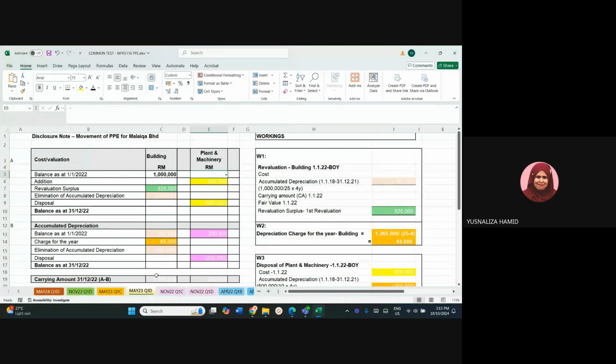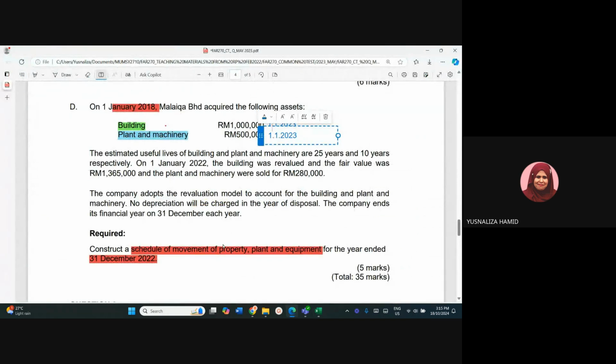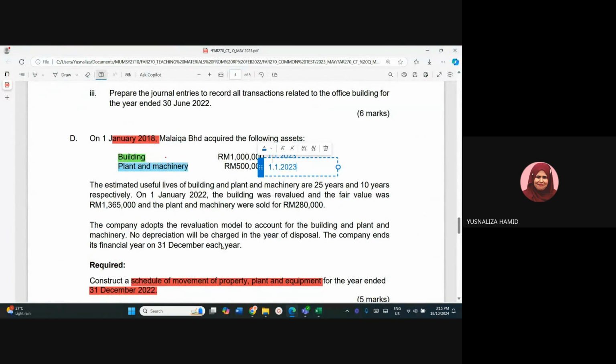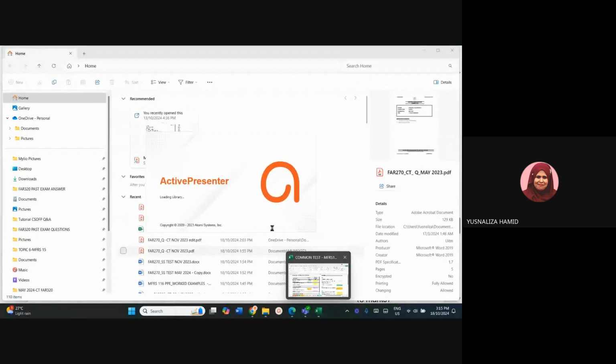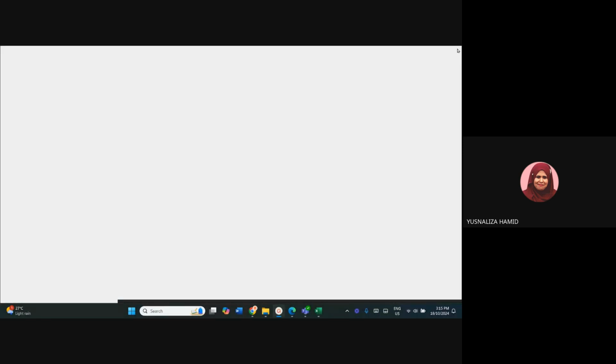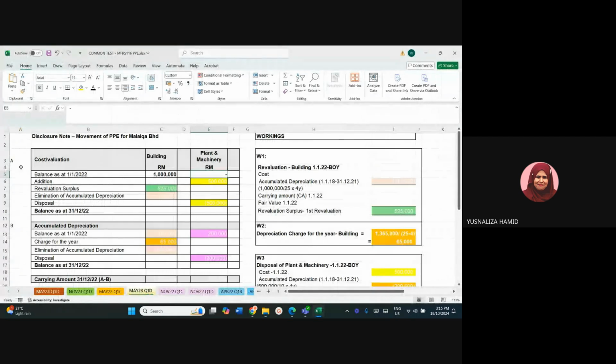This is May 2023. Let me check. Machinery, 500,000. Sorry about that. May 2023, have to check where it is. So the first part here should be 250,000.